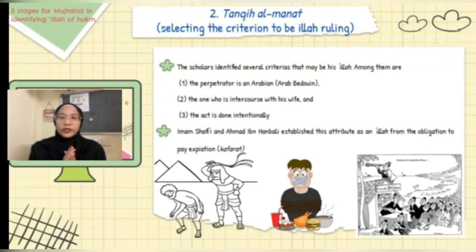Then if he is unable to fast two consecutive months, he is obligated to feed 60 poor people.